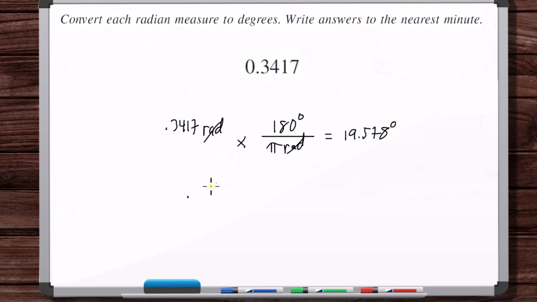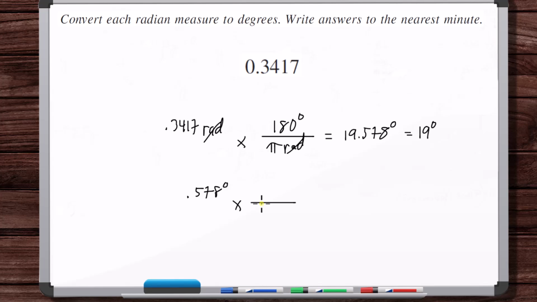Degrees, but how many? This is going to be 19 degrees and a certain amount of minutes. How many minutes is 0.578 degrees? Like we could convert 19.578 to minutes. We would do this and then have 1 degree is 60 minutes. What would happen if we did that? Well, we'd get this big number of minutes that's greater than 60. You don't report something in minutes that's greater than 60 because there's degrees in there.